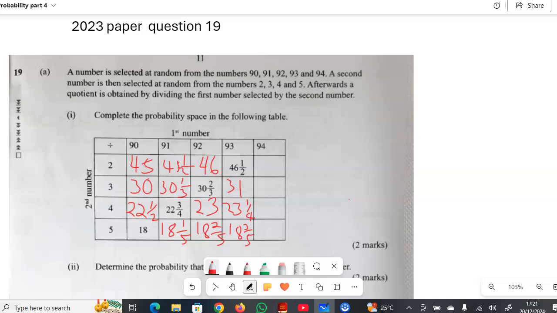Lastly, we have 94 divided by 2, you get 47. Then 94 divided by 3, you get 31 and 1/3. Then you have 94 divided by 4, you get 23.5. Then we have 94 divided by 5, you get 18 and 4/5.